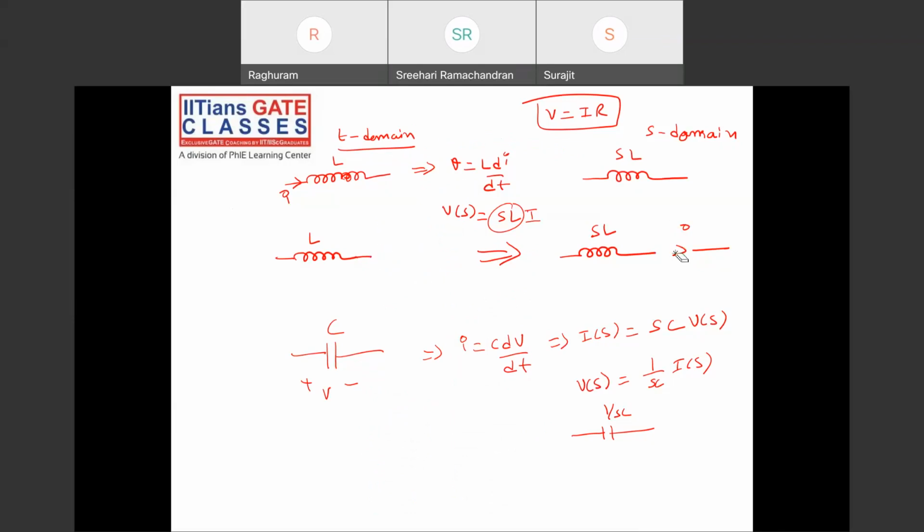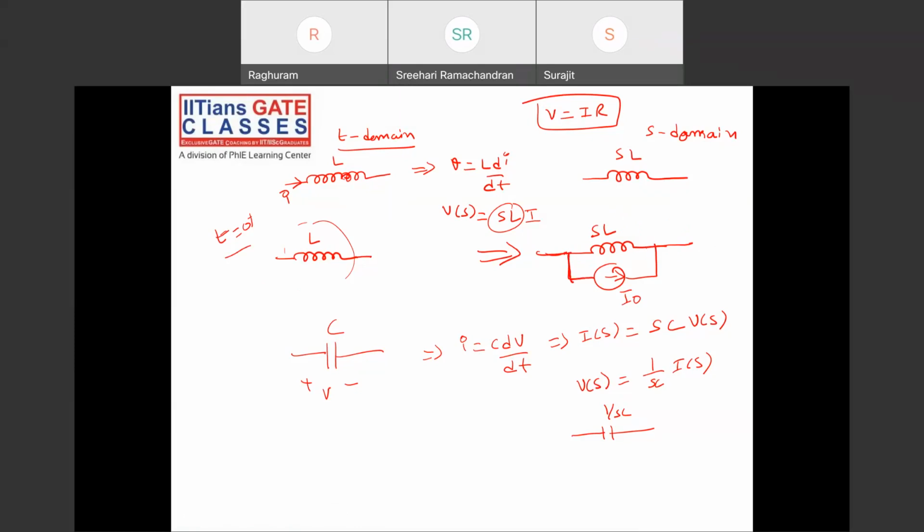You won't get a series current source, it will be a parallel one. Why? Because at t equal to 0 plus, what happens to an inductor? It won't get short circuited, it gets open circuit. Open circuit, no current flows. That is why it should be in parallel. Sorry for this. The current source should be in parallel to the inductor.